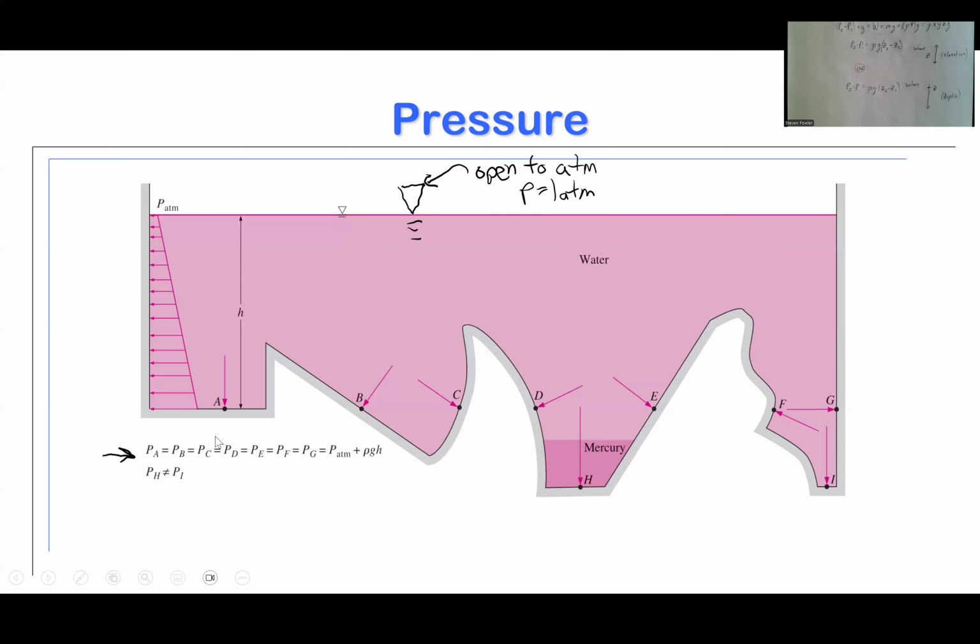So let's switch to the document camera here. If I stop share.